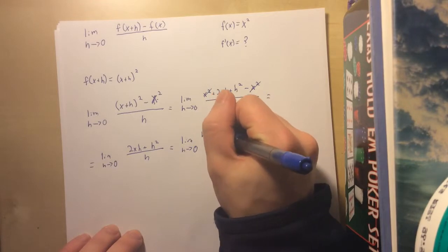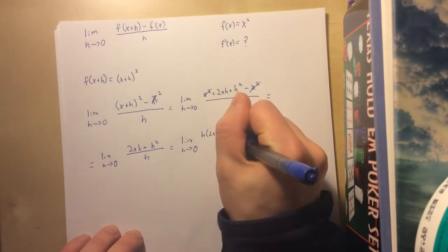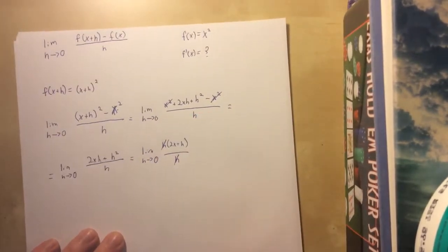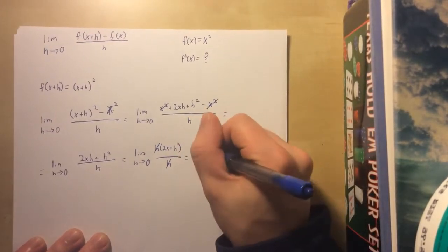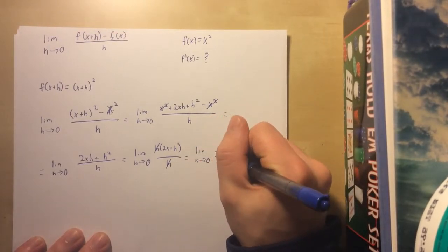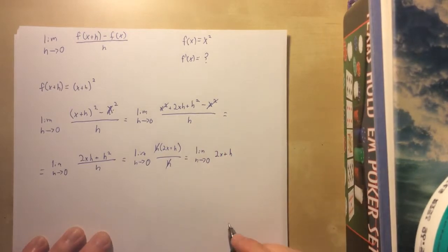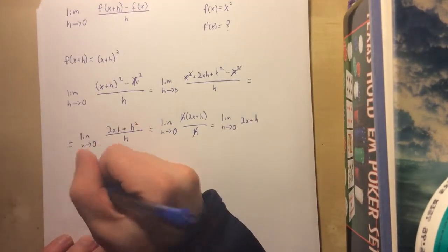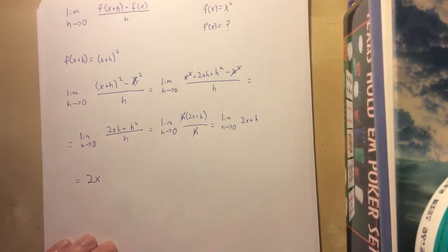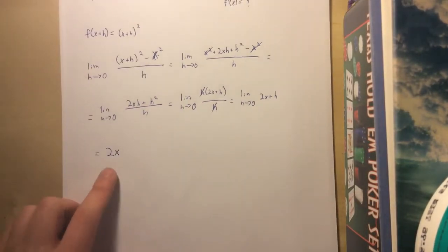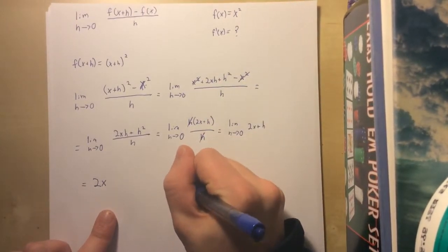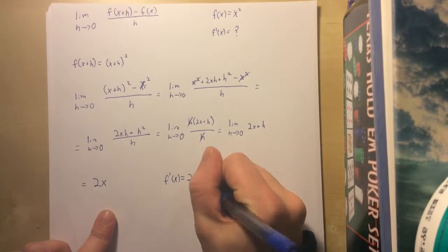So we have h times 2x plus h, over h. These two h's cancel out, and we're left with the limit as h approaches 0 of 2x plus h. And at this point we can evaluate that limit. So h is going to be 0, so what we're left with is 2x. And there we have the derivative of x squared. So f prime of x is equal to 2x.